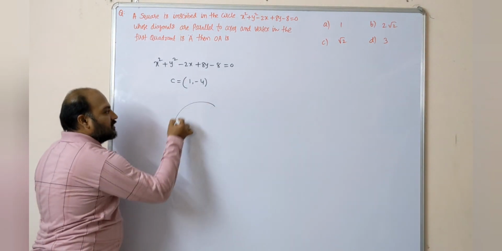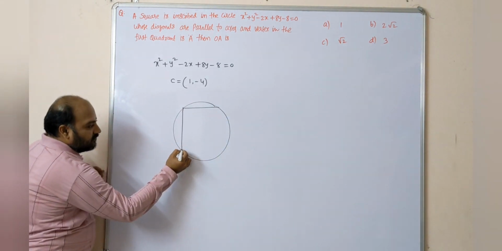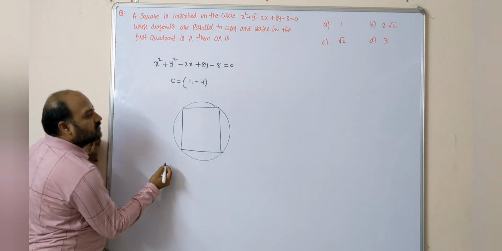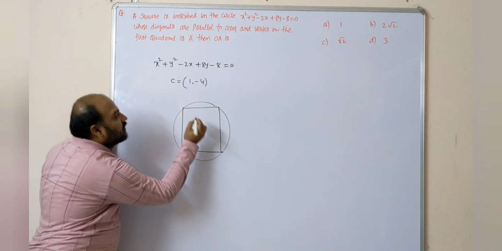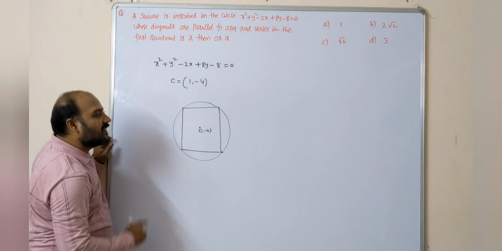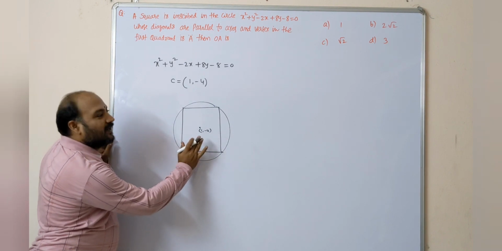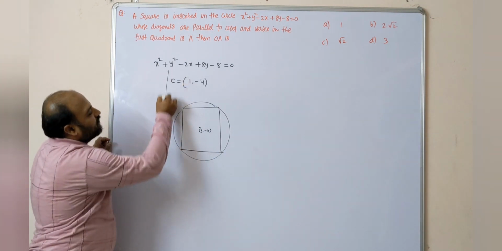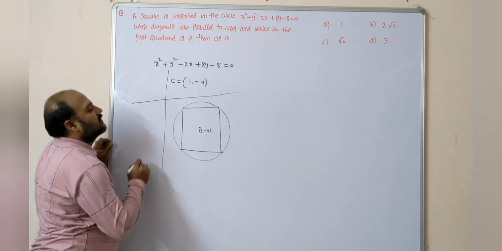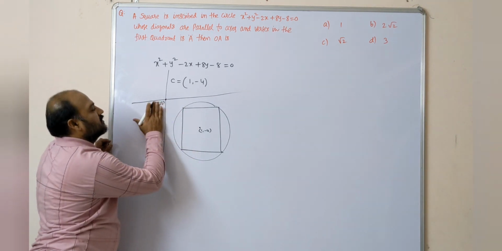The center is (1, minus 4), which belongs to the fourth quadrant. Like this, this is the origin. I am just drawing a rough figure.